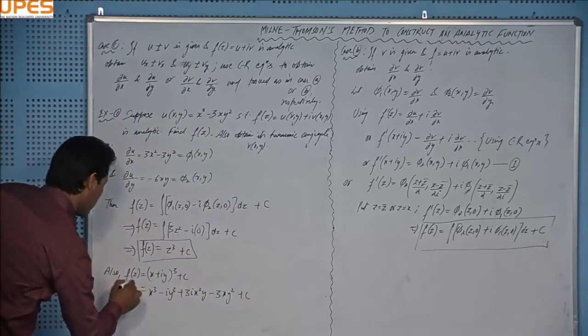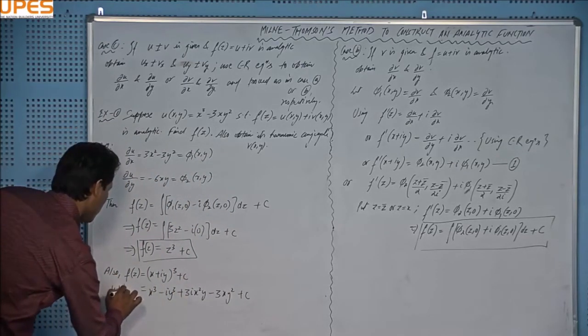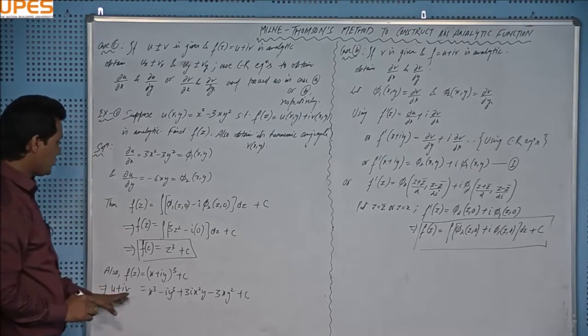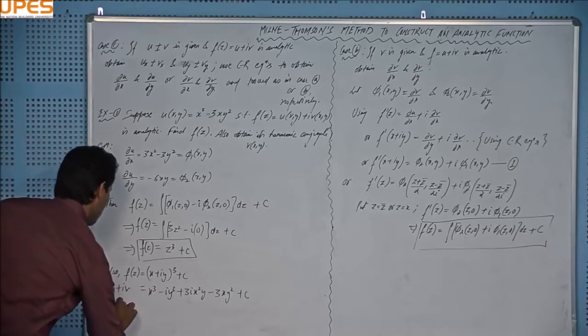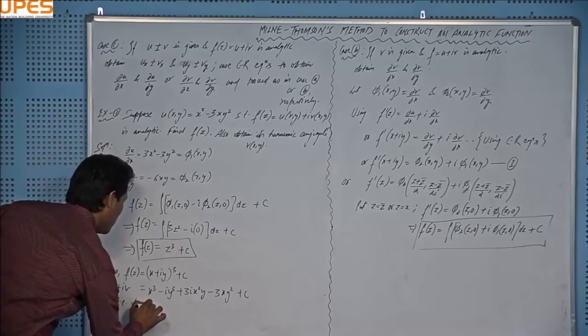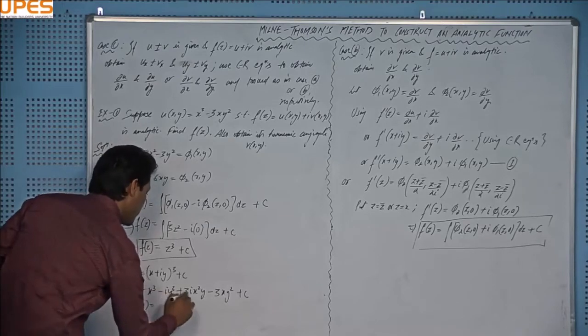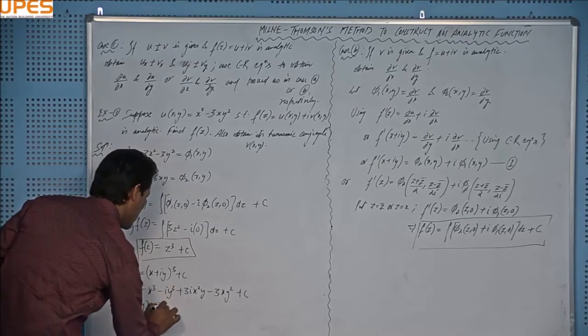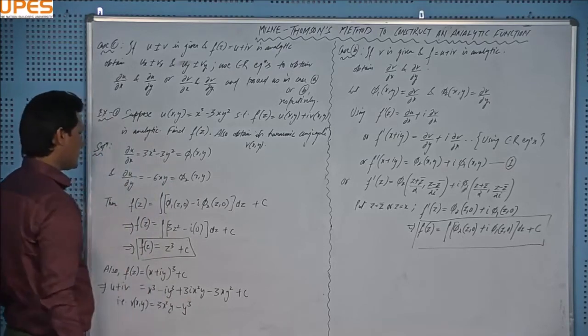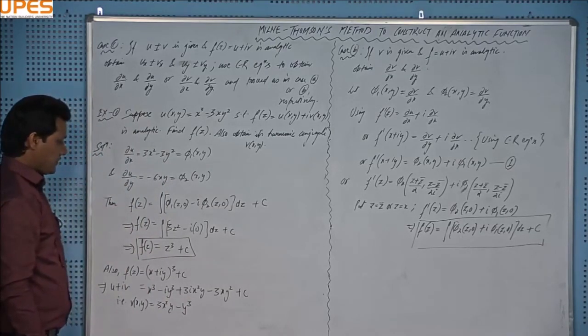And you need actually, f z is actually u plus iota v, you know that, right? And on comparing, the imaginary part should be equated, that is v will be equal to the imaginary part of this, which is 3 x square y minus y cube, right? Fine.